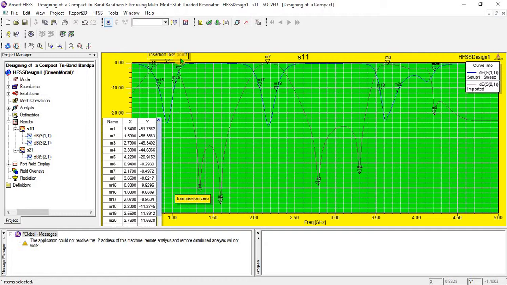Similarly, you can label them. You can mark them as insertion loss points, bandwidth or fractional bandwidth, and transmission zeros.